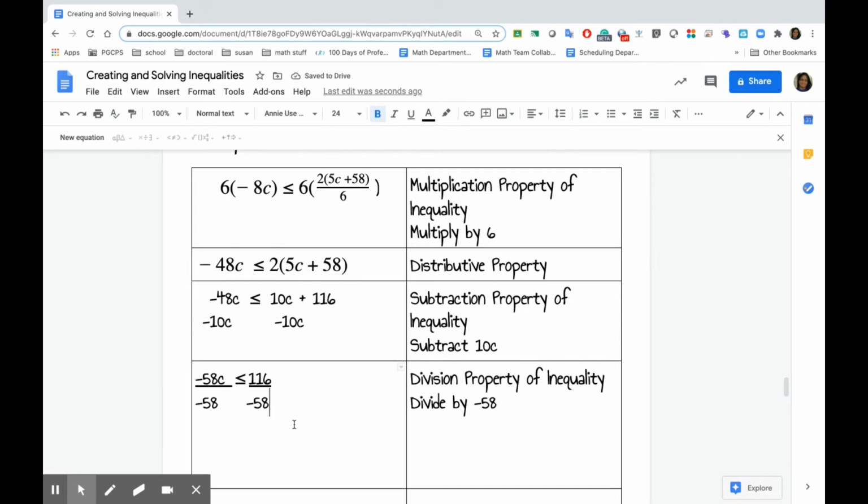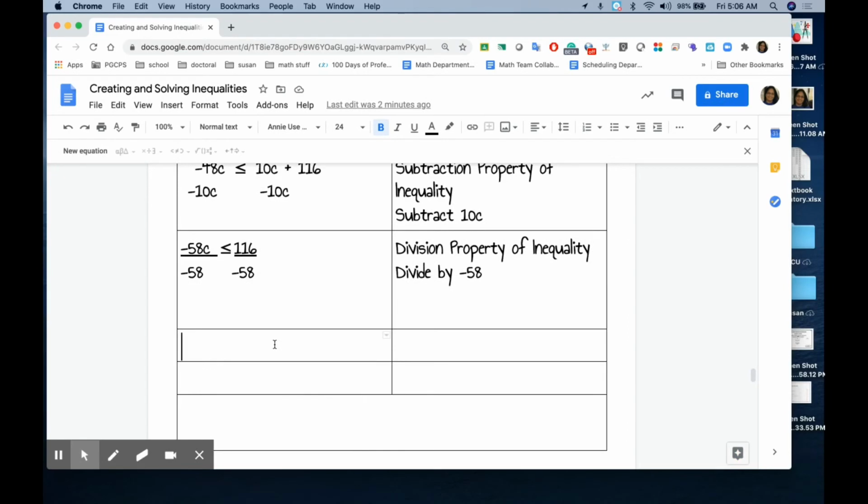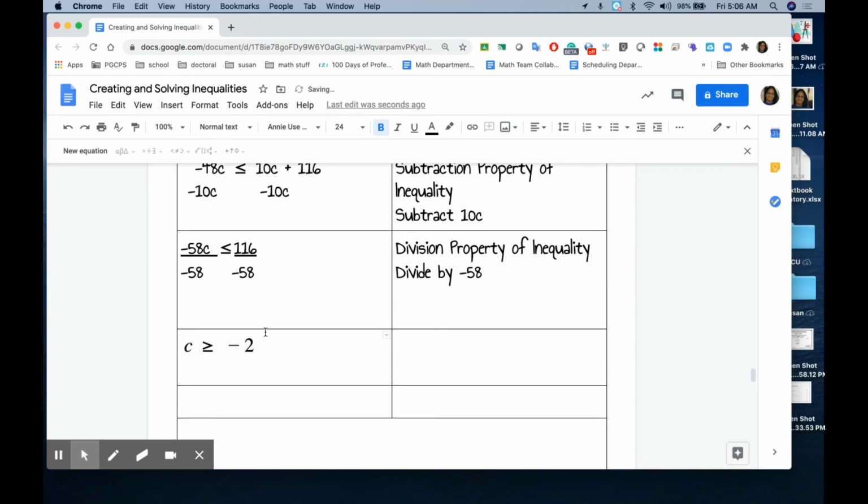Always remember, whenever you're dividing by a negative, you need to reverse the inequality symbol. So now c is greater than or equal to negative 2. Using set notation, we can say that the solution is all real numbers c such that c is greater than or equal to negative 2.